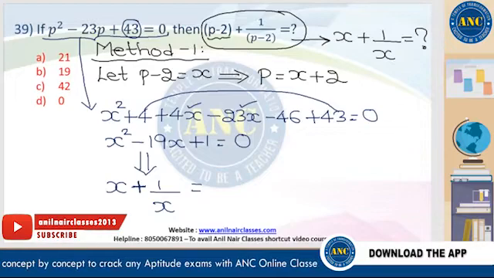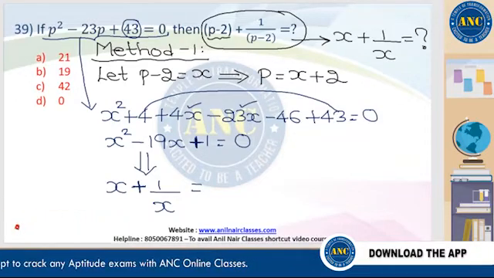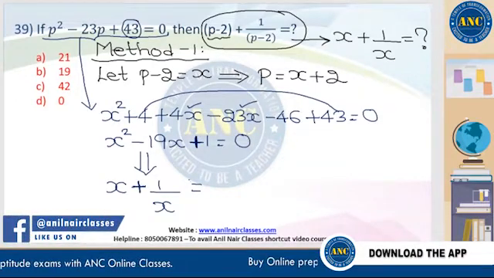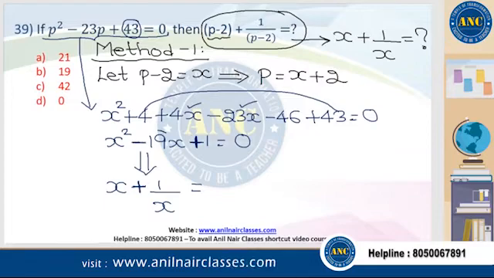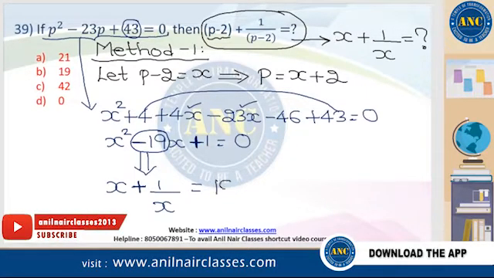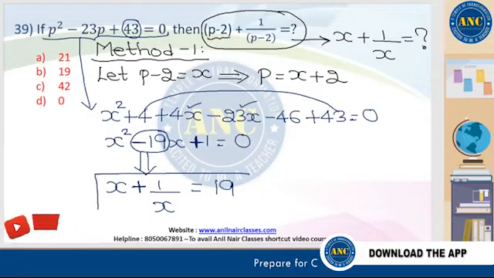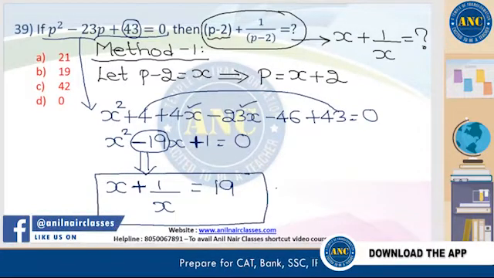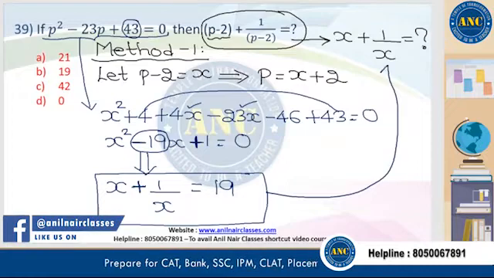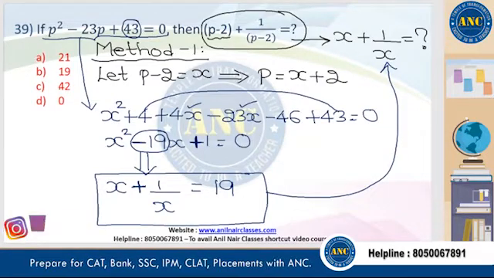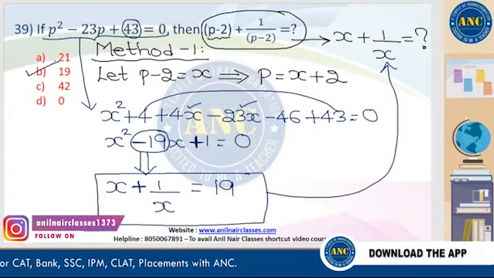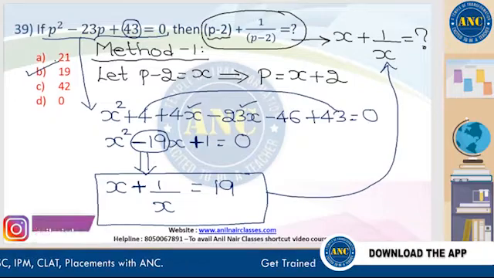Because the constant has a plus sign. And the minus 19 present in the middle term, shift it to the right hand side, it becomes plus 19. So x plus 1 by x is equal to 19, and this is what they are asking in the question also. That means the answer for this question is 19.